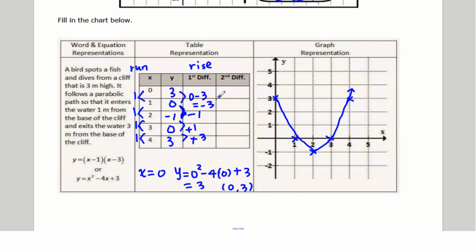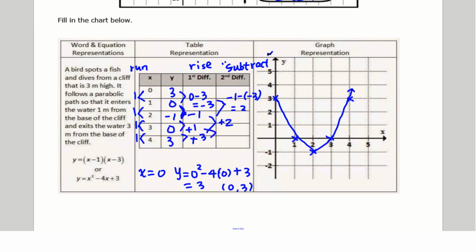After that, we are going to see the second differences. Second differences mean the subtraction of the first differences. Difference means subtract. So from -3 to -1 is -1 take away -3. You will have -1 plus 3, which gives you 2. Then from -1 to +1 is up 2.